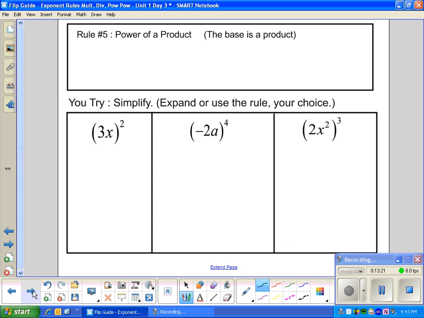Okay, so my rule for power of a product is: if I have some product, I'm just putting a times b because that's two things multiplied together, and I raise it to a power, that's the same thing as a to the n power times b to the n power. Use that rule to simplify the next three expressions. You can expand them out also to make sure that you're right. Pause me and come back when you're done.